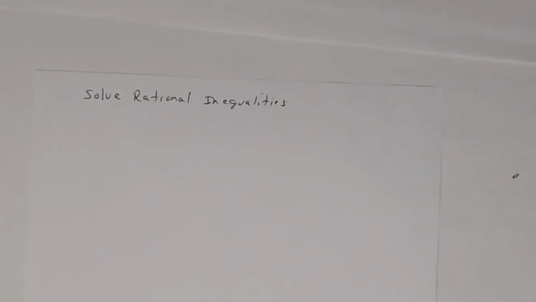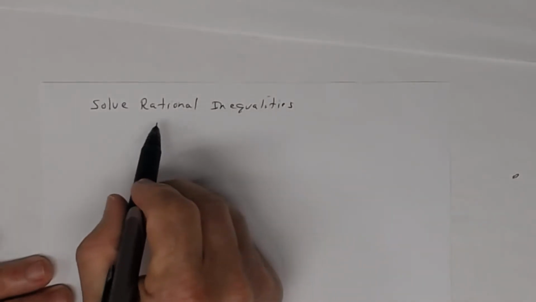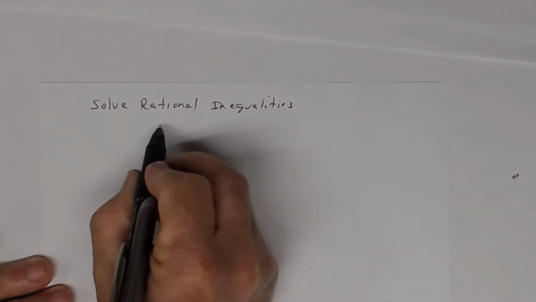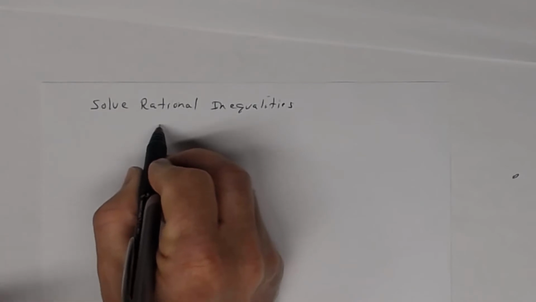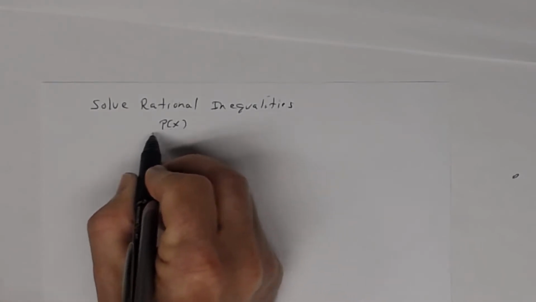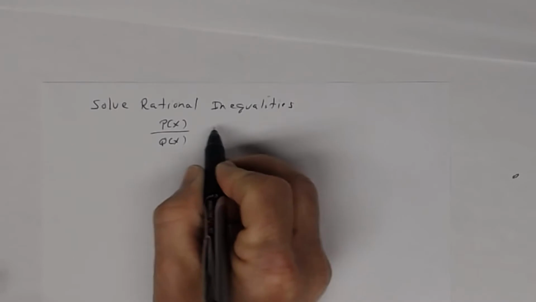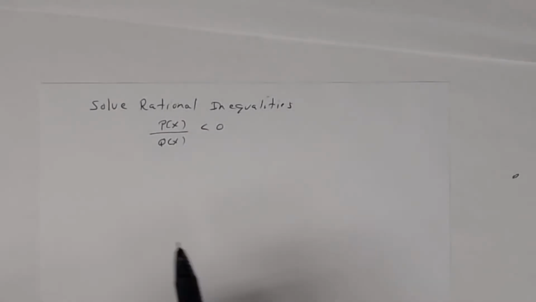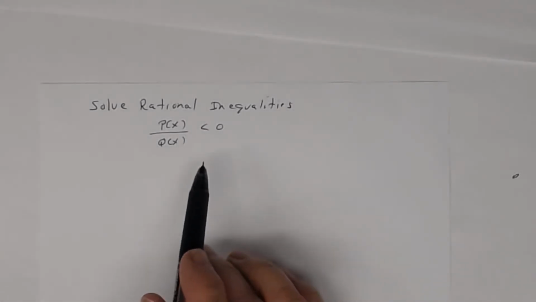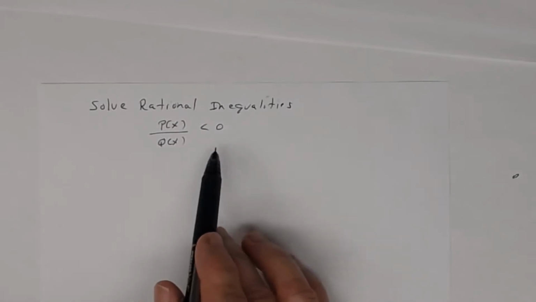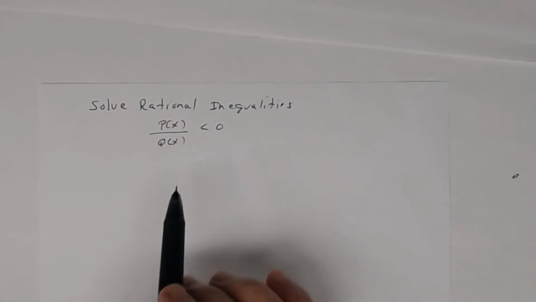The problems we're going to look at are rational inequalities that look like this: a polynomial divided by another polynomial, set with less than 0, or less than or equal to 0, or greater than 0, or greater than or equal to 0.